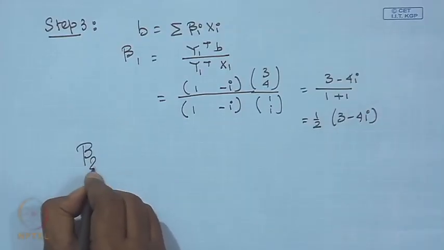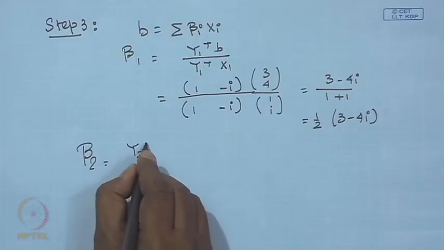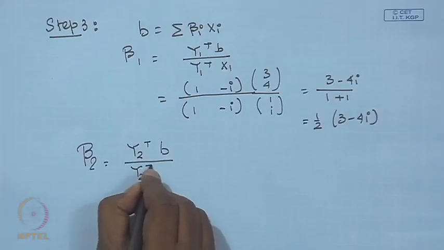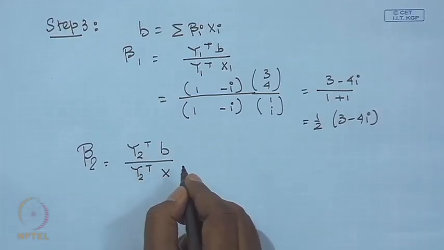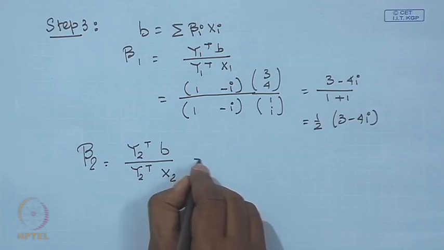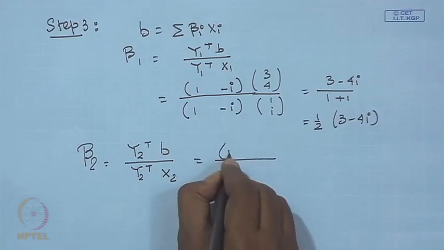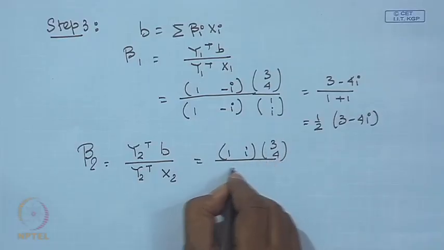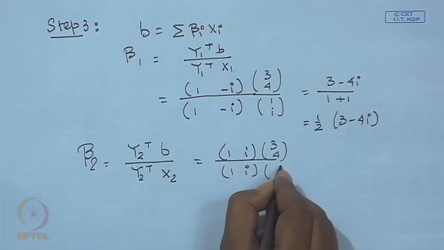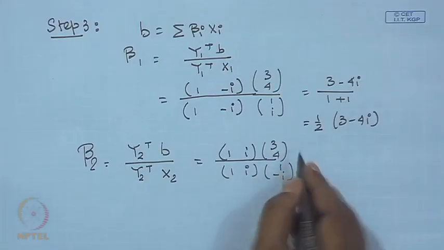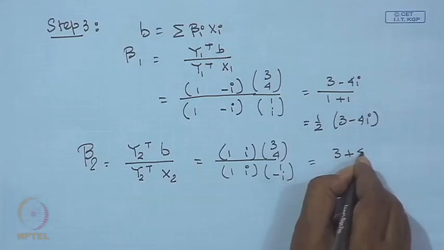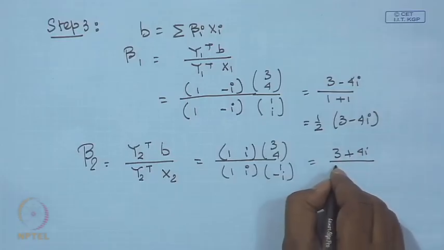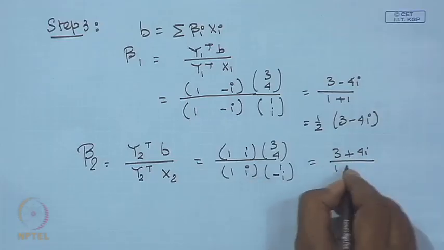Similarly, we can evaluate beta 2. Beta 2 is y 2 transpose B divided by y 2 transpose x 2. So, this becomes 1 I, 3 4, and it is 1 I, 1 minus I. So, you will be getting 3 plus 4 I divided by 1 minus I square, which is minus plus 1.